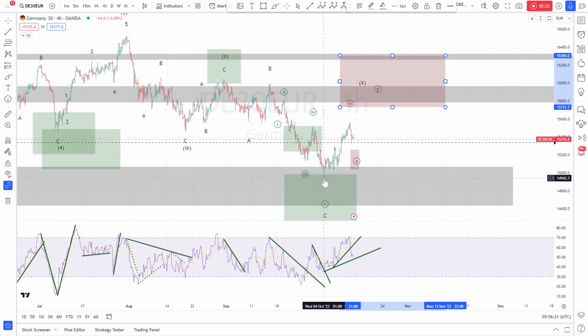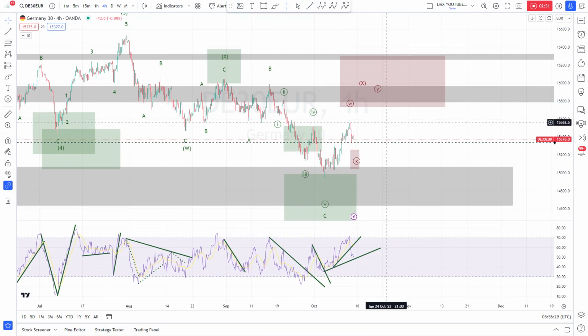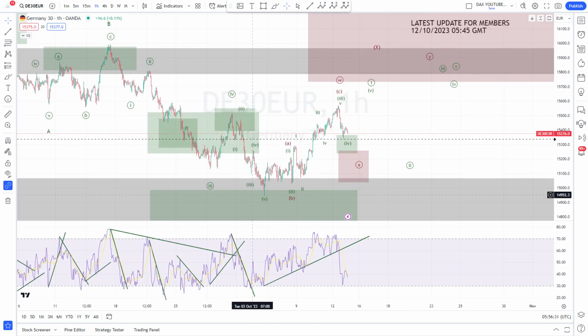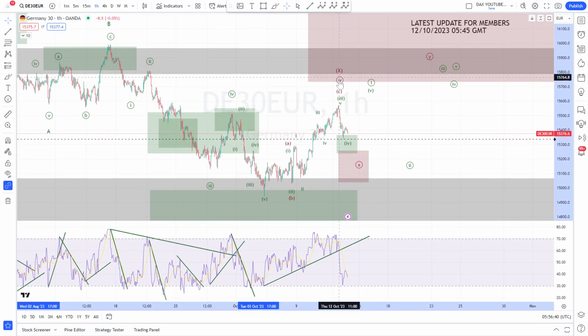However, so far we have 3 waves right here. So the structure is 1, 2, 3, as you will see here on the 1 hour chart, so A, B, C. This is a 3-wave structure. This could mean that, first of all, our wave X is in right here.